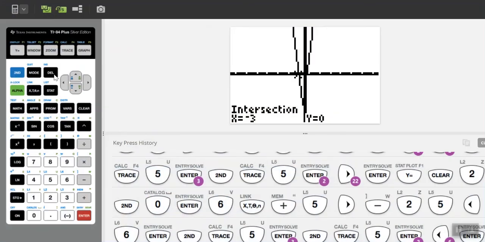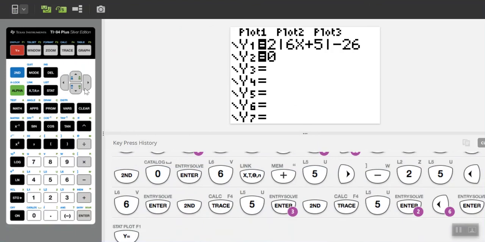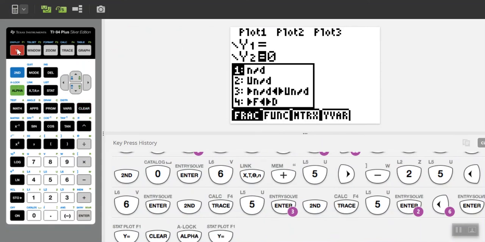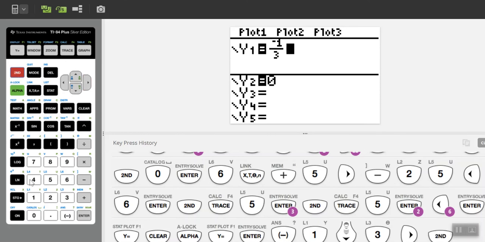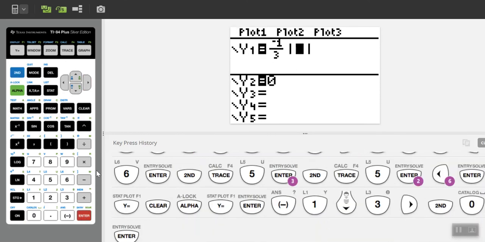So bring it back up, clear this, and we had -1/3, so we'll go ahead and use the fraction right there. -1/3. And then we had absolute values, so second catalog, enter. And it was 1 minus 8x.